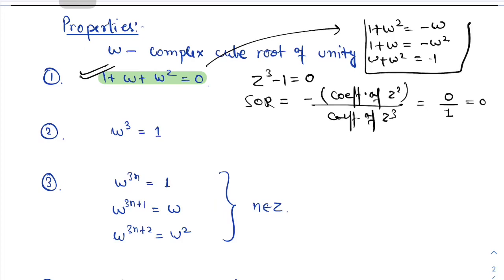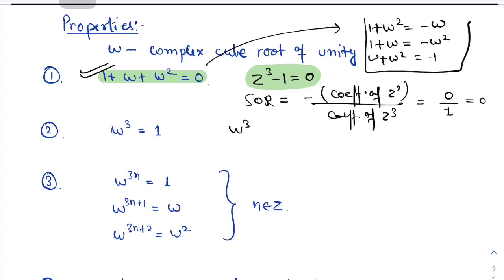Okay. The second property is omega cube is equal to 1. This is very obvious. If omega is the solution of this equation, z cube minus 1 equal to 0, it means omega is going to satisfy this equation. So if we put omega in place of z, we get omega cube minus 1 equal to 0, or omega cube is equal to 1.